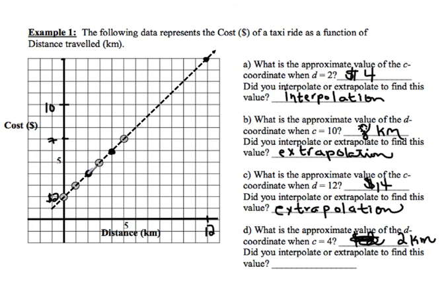We go over to our imaginary line, because it can't be a solid line because this is not continuous data. We use this imaginary line to give us the information that we want. Since it was within the data points that were given, in the middle of this point and this point, we know we interpolated.